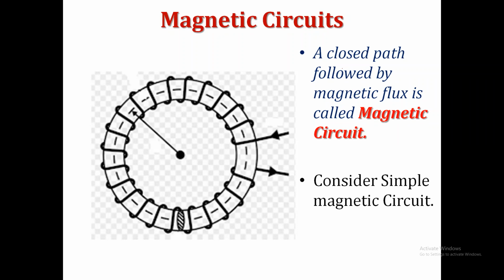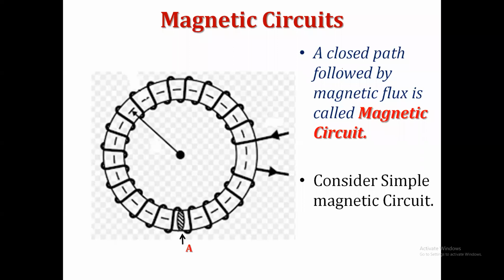So this entire circuit acts like a solenoid, because the iron ring is entirely wound with a coil of N number of turns, and when the current is flowing through the wire, let me consider that.